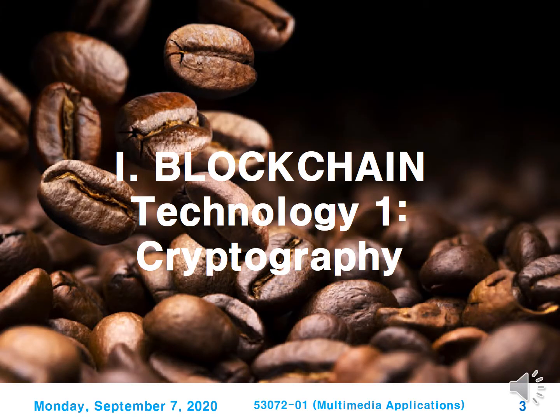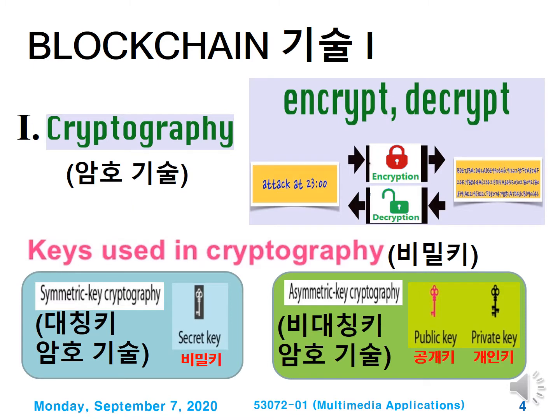Okay, let's move to blockchain technology 1, cryptography. Cryptography is the technology that encrypts plain text, and the reverse direction, ciphertext to plain text, is decryption.